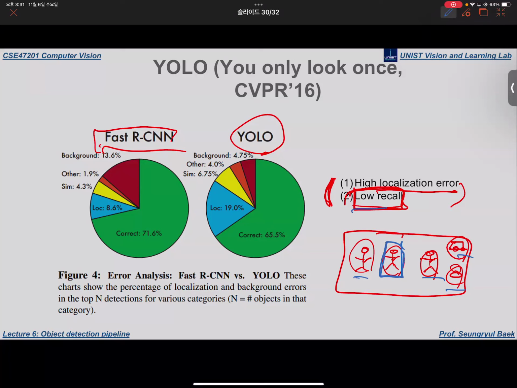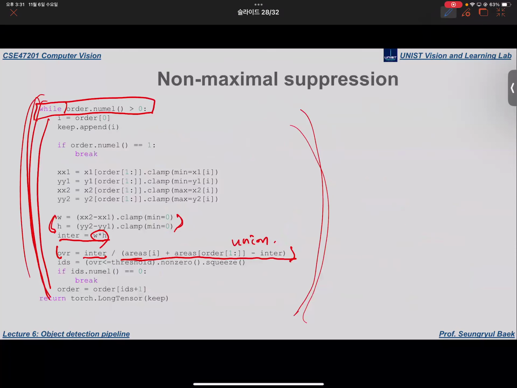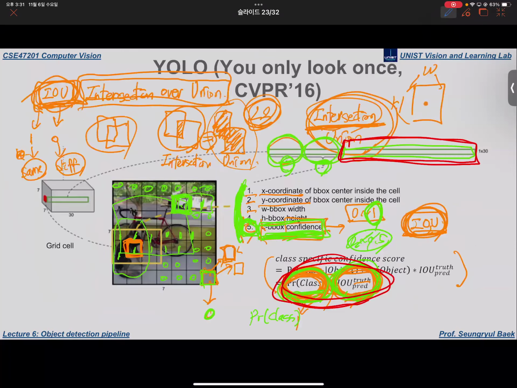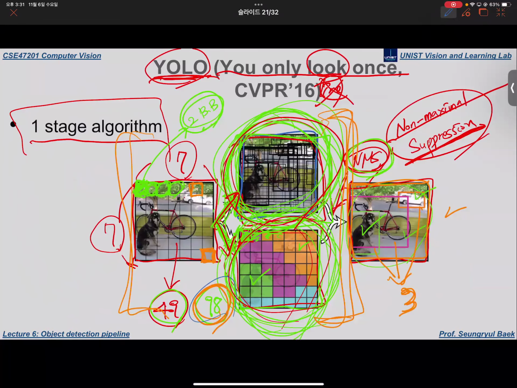This is the problem of YOLO, and this happens because they only estimate this number of bounding boxes. So 98 could be large in number if there are only a few objects, like 5 objects, then this amount of bounding boxes might be enough.